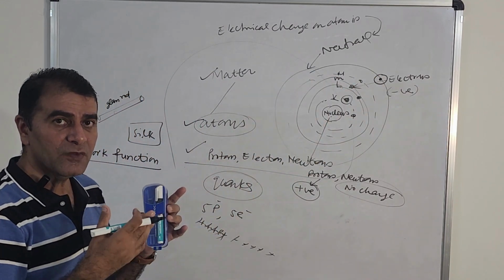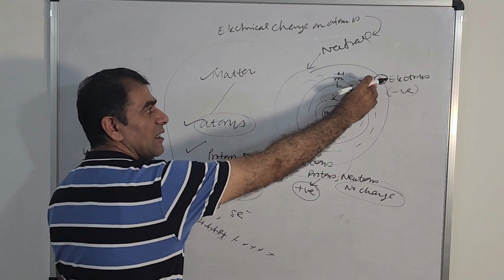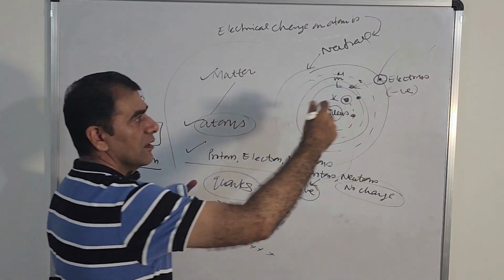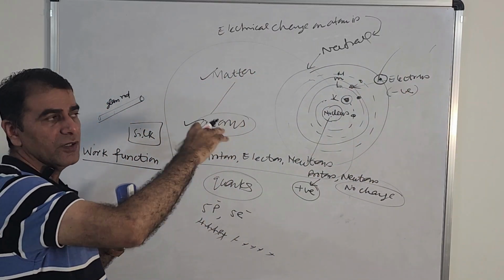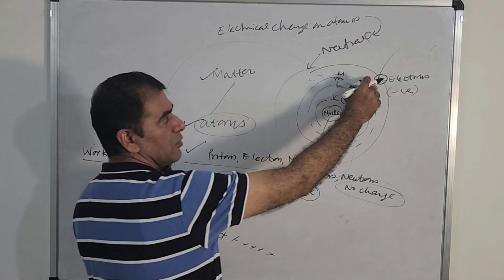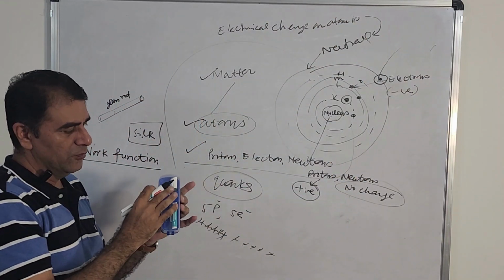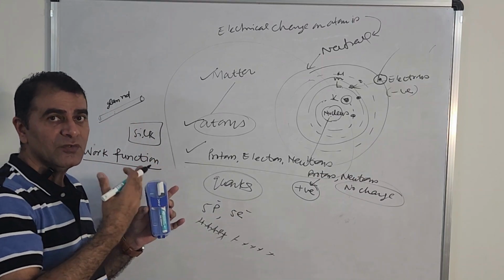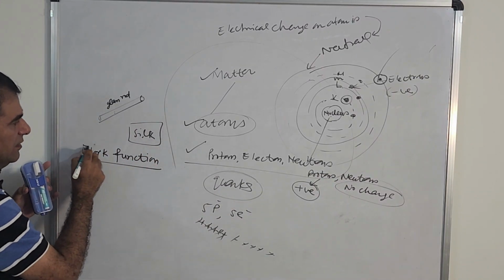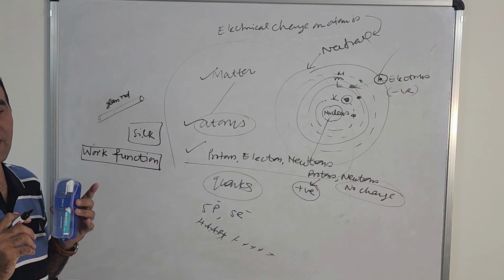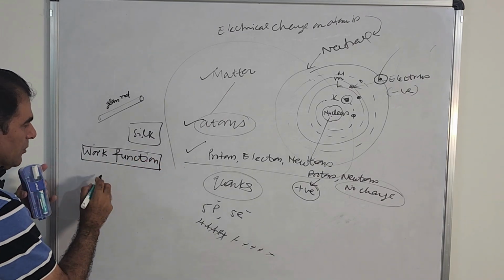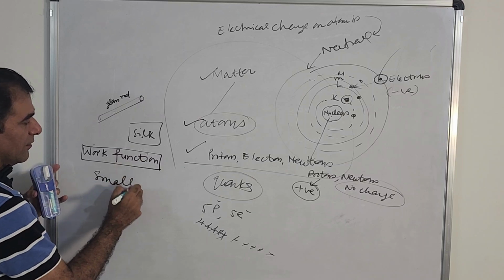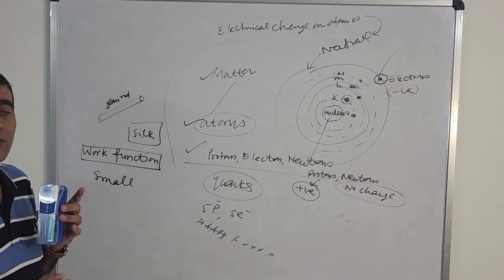The minimum amount of energy which we have to give to these electrons to eject them out of the surface of this pen or rod or anything else is called work function. If a substance's work function is small, what does it mean? Is it good news or bad news? It's good news.